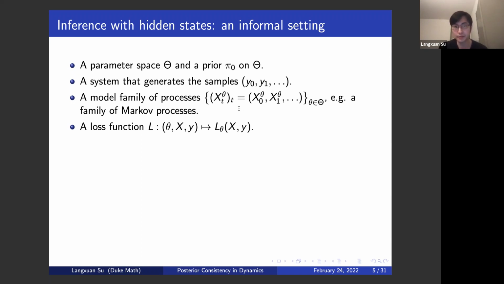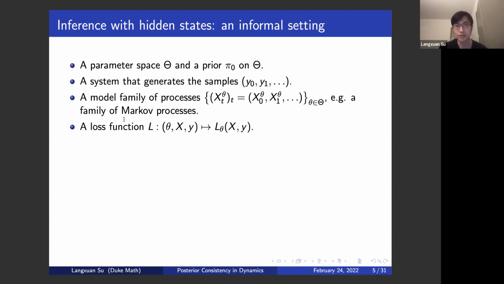And this family can be maybe a family of Markov processes. So we guess what is the underlying distribution of the samples. And we want to find the best parameter theta, or the best process among this model family to approximate the samples.